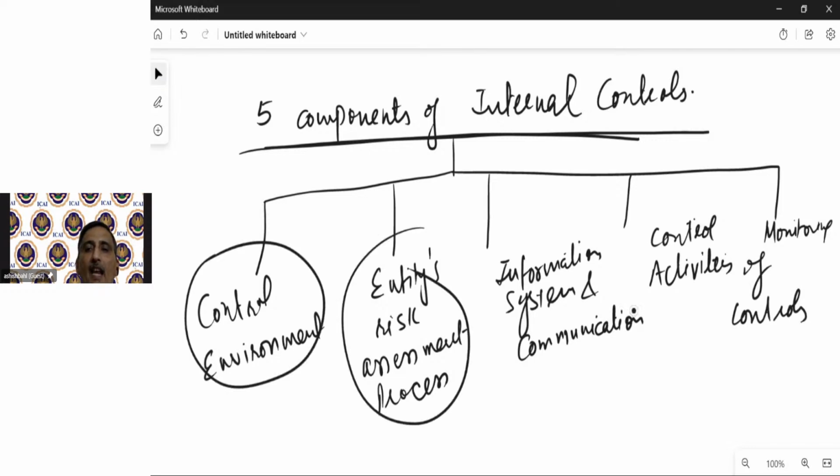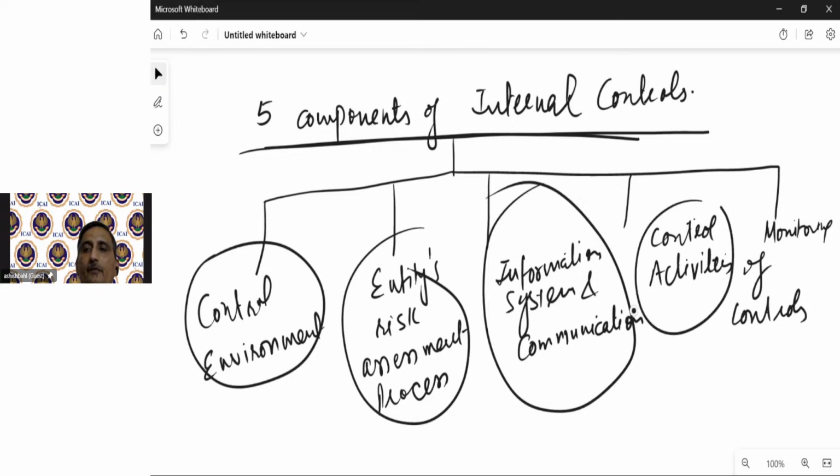The names you have to remember. And guys, you have to understand that these 5 components are being taught to you.